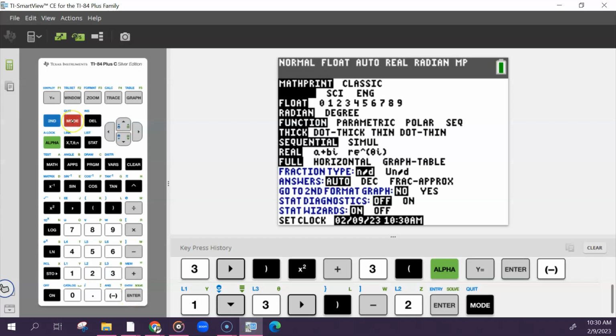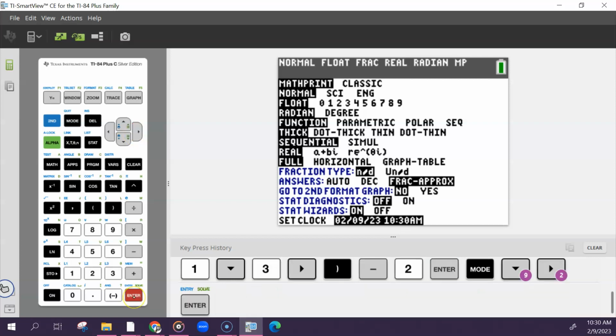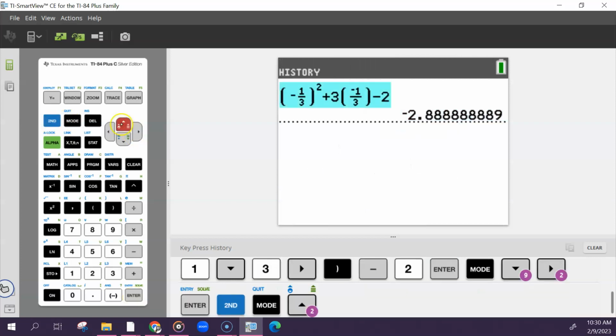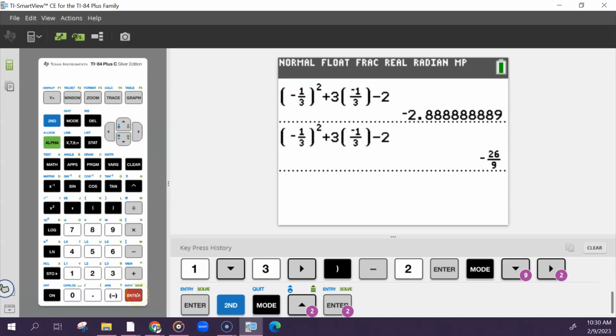That's interesting. Usually it doesn't do that. So -26/9 was that correct answer?